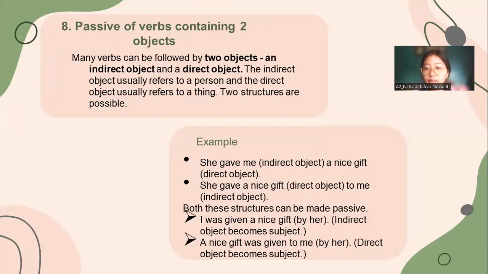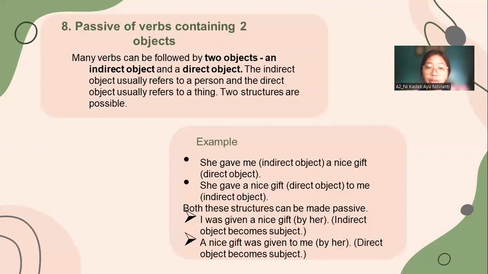She gives me is indirect object and nice gift is direct object. For passive voice: I was given a nice gift. I was given a nice gift by her. Indirect object becomes subject.